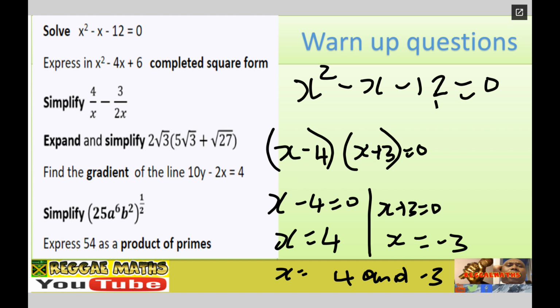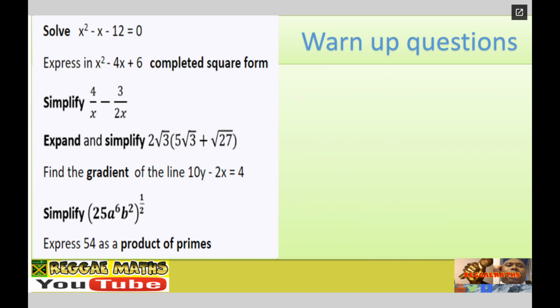Okay, so that's the warm-up question solved. Next question we're looking at now is completing the square for x squared minus 4x, and I've put that in red for you to pay particular attention to, plus 6.